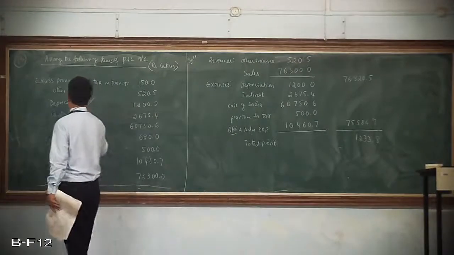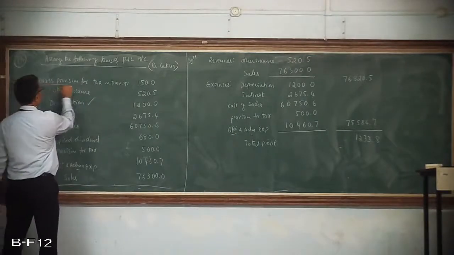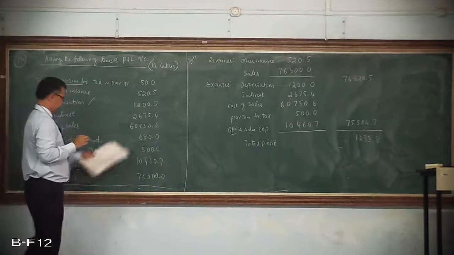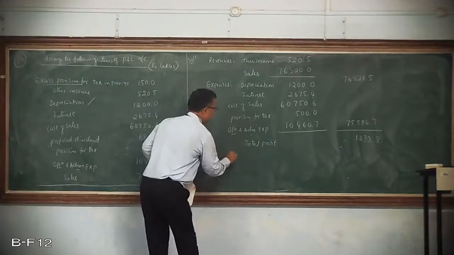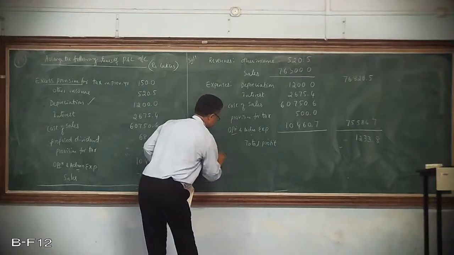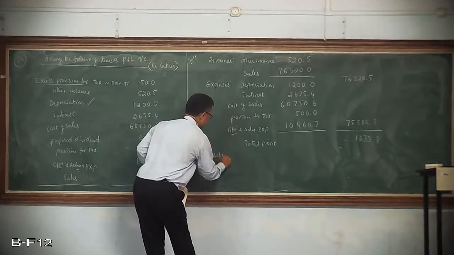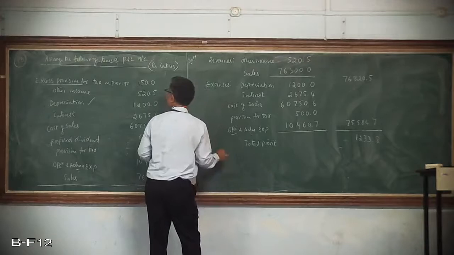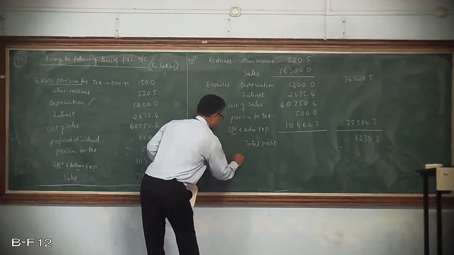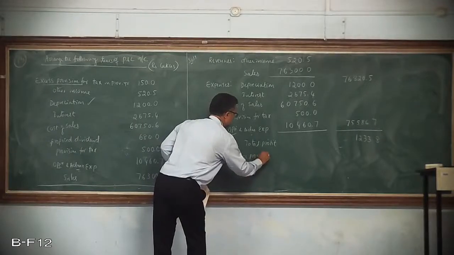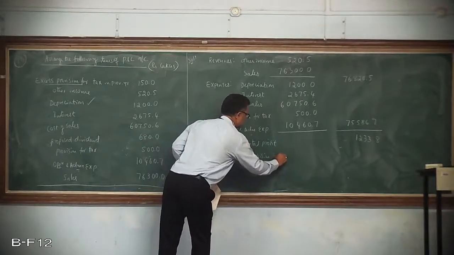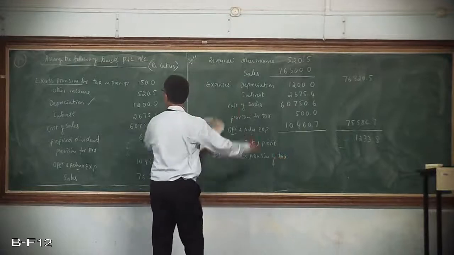Now you have to add the excess provision of tax in the previous year to find the net profit. So now add the excess provision of tax, that is 150.